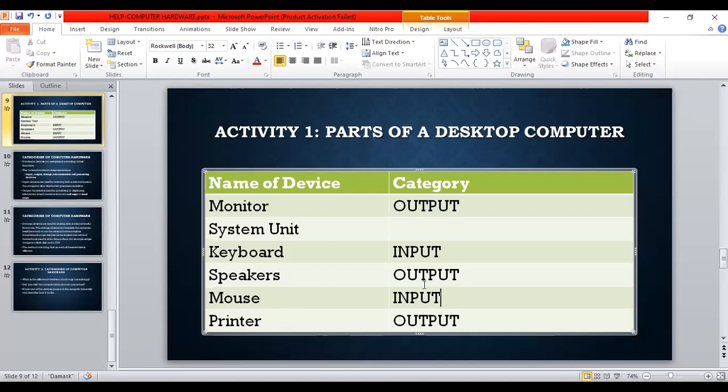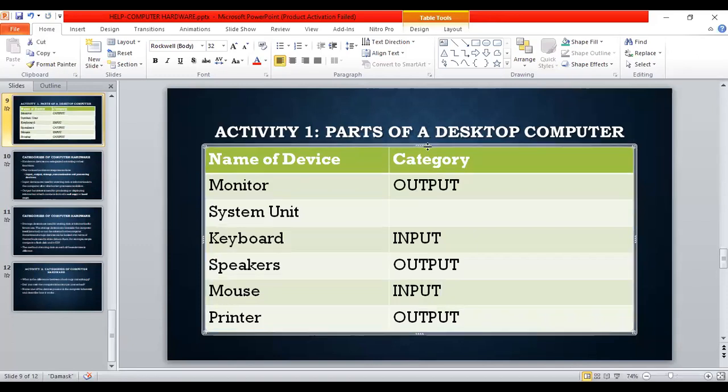Yes, Anfield. Anfield, please unmute. The system unit is a storage device. Why? Because it is done in a system unit. So, a system unit is a storage device.